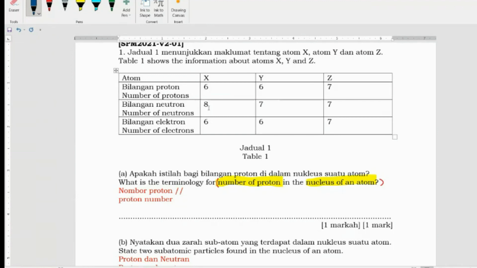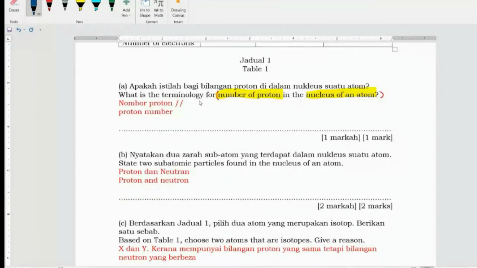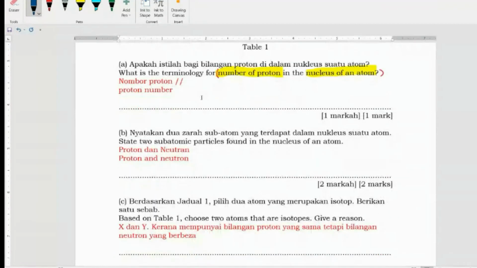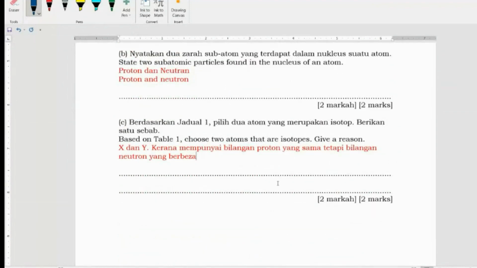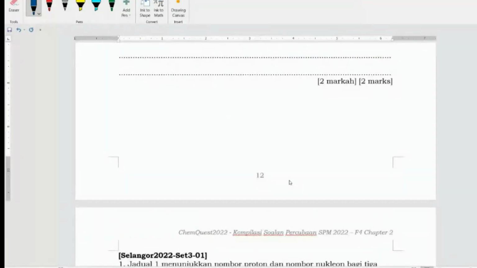But neutrons different. So the definition for the isotopes, you must remember: same protons but different neutrons. Okay, next.